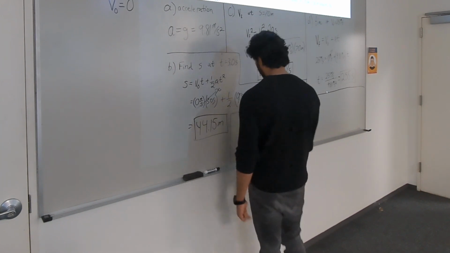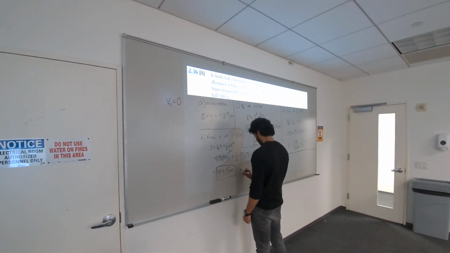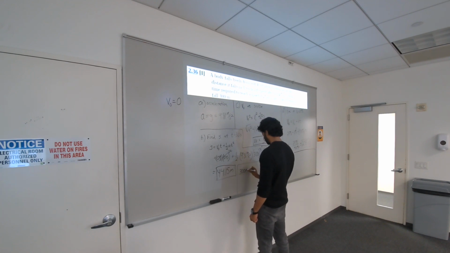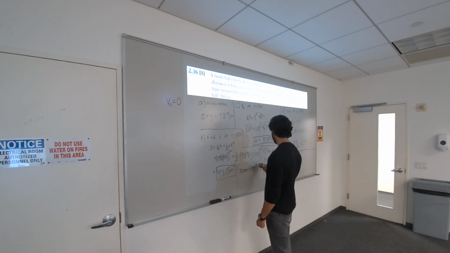So we will plug in 300 for S equals 0 meters per second times t plus 1/2 times 9.81 meters per second squared times t squared. This goes to 0.